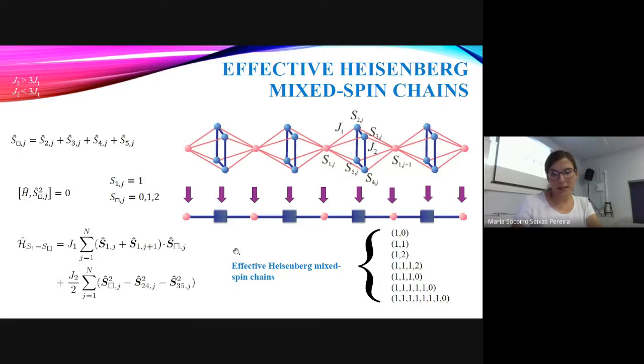And in our case, the ground state phase diagram will consist of these 7 effective Heisenberg mixed spin chains.